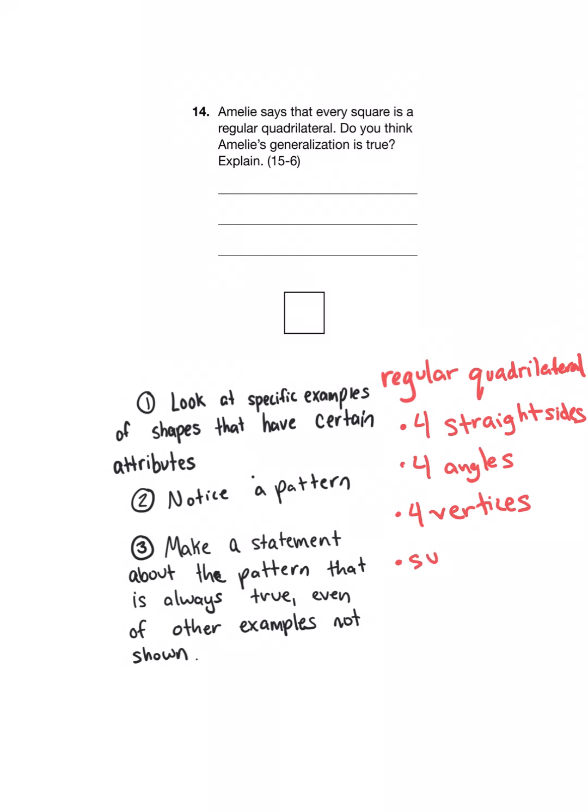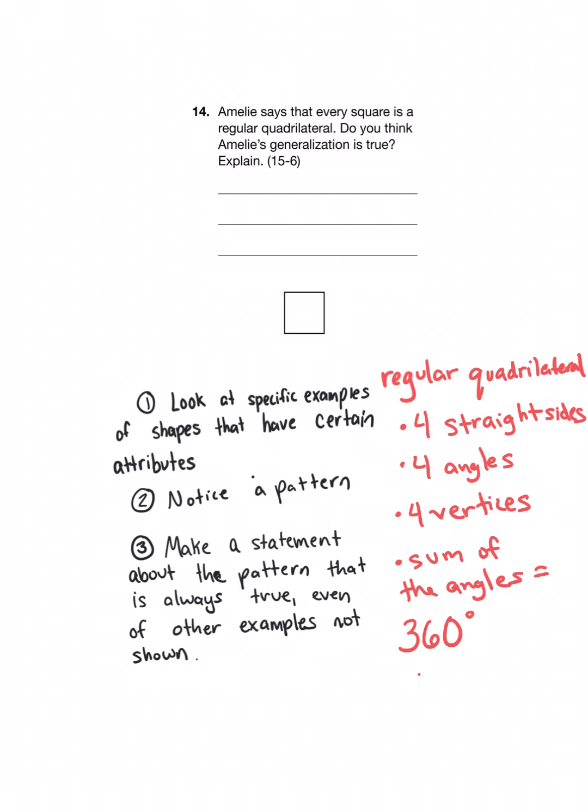The sum of the 4 angles must equal 360 degrees when you add them all together. Meaning you can have a right angle, you can have acute angles, you can have obtuse angles. However, in order to be a quadrilateral, when you add up all those angles, they have to equal 360 degrees.